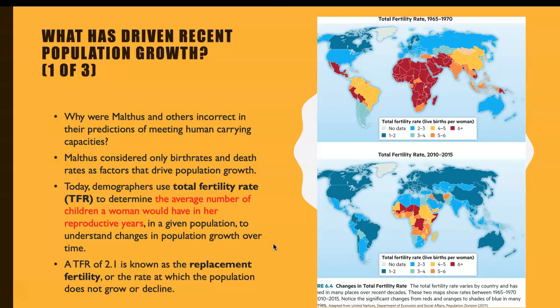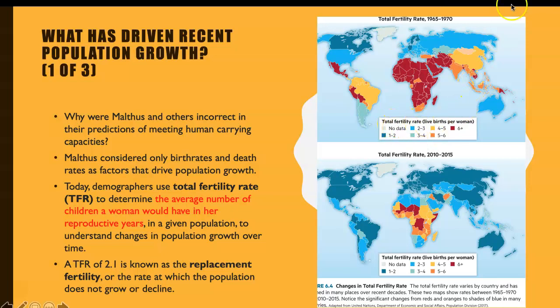Why is it a little bit higher than 2.0? It's because not all the children survive. So don't ask me how to calculate the model or the equations. But statistically, a TFR of 2.1 is set as replacement fertility. It's pretty accurate. And if we look at the graph on the right side, the brighter the color, the higher the TFR.